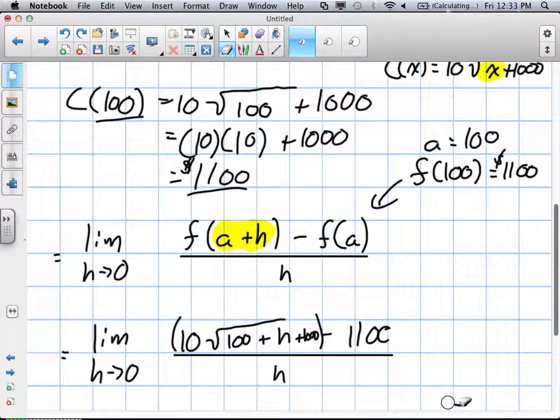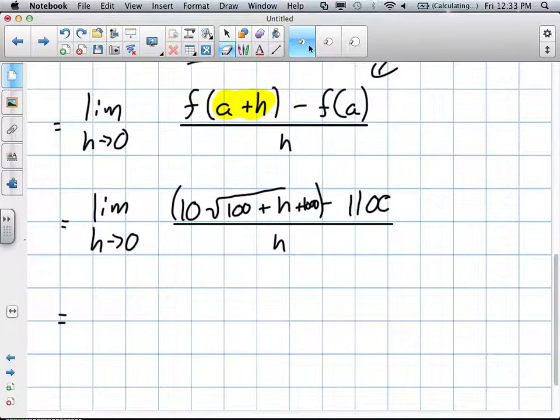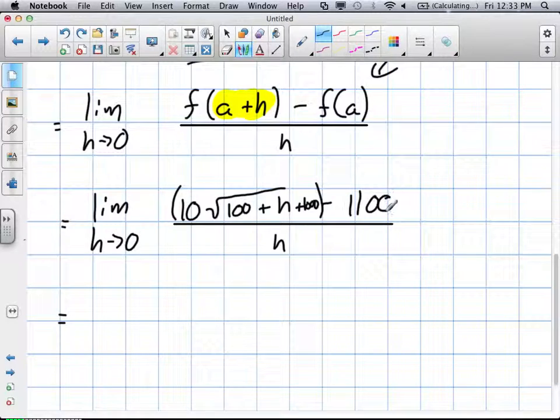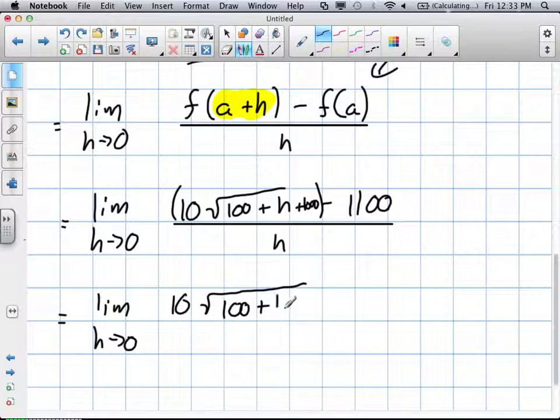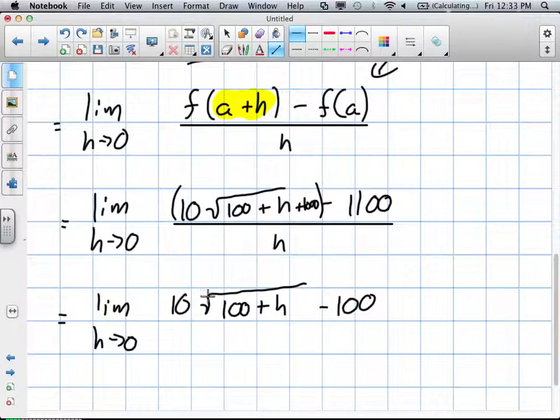What we're going to do here is simplify, then rationalize the numerator. Since there is a plus 1,000, when we drop the brackets off, our limit as h approaches 0 is 10 times the root of 100 plus h. And 1,000 minus 1,100 is just going to give us minus 100. So these two give us a different constant.